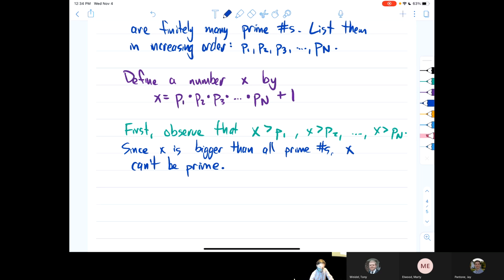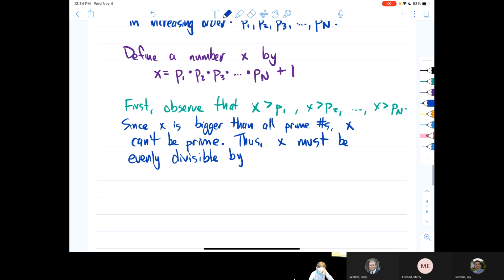So we can say thus, x must be evenly divisible by one of the prime numbers in our list.